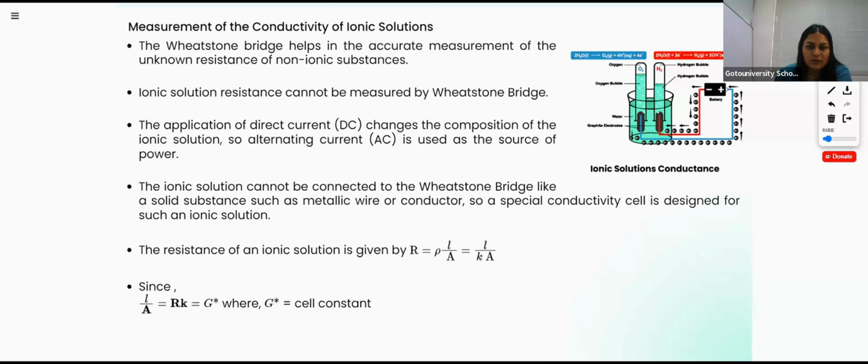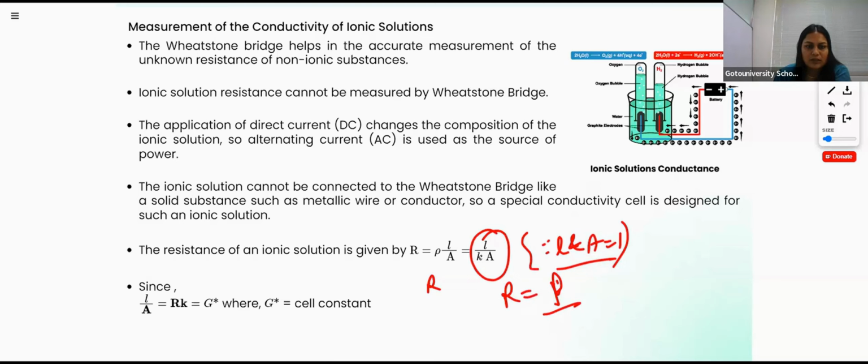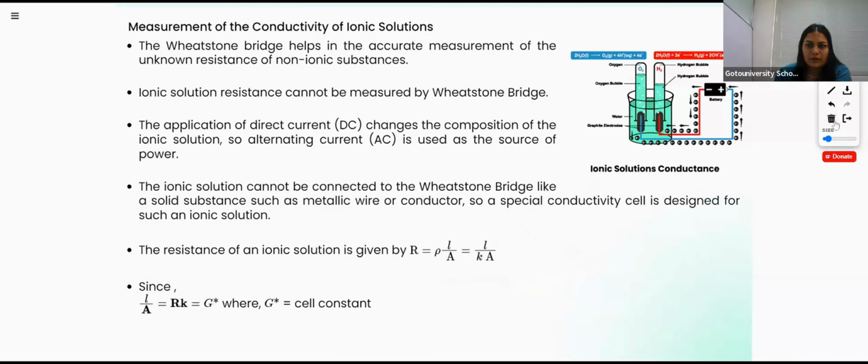For this relation, we take L and A as equal. Then we find the relation, which is termed as R equals kappa, or the cell constant.